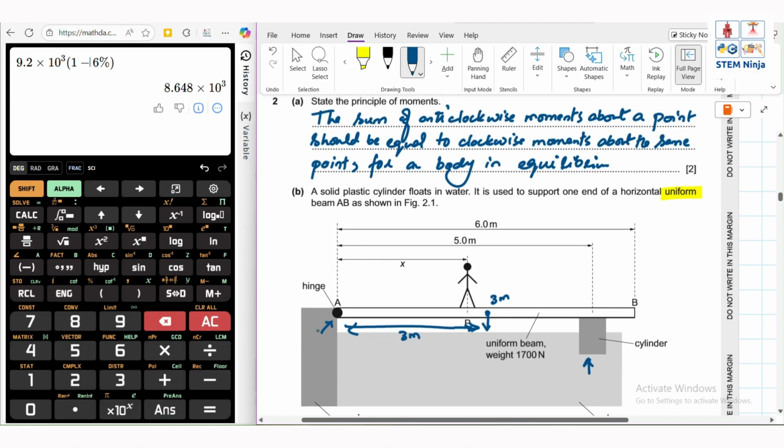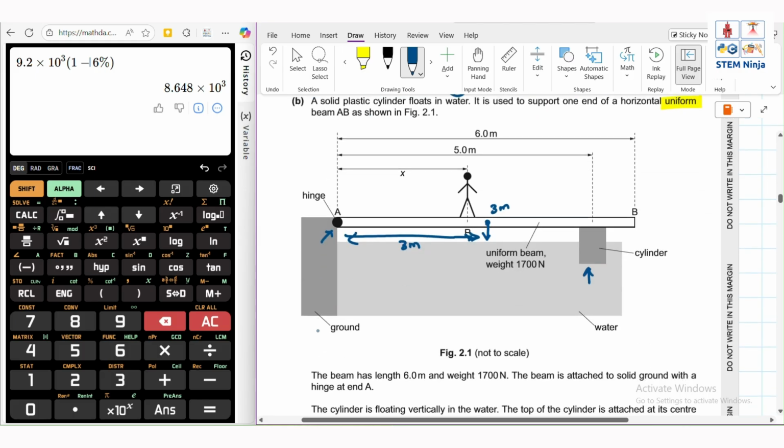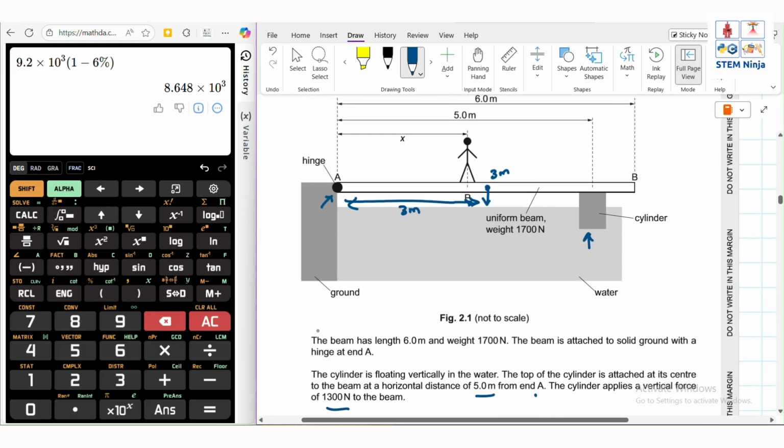So we have to apply the principle of moments. Since this system is in equilibrium, anti-clockwise moments equal clockwise moments.